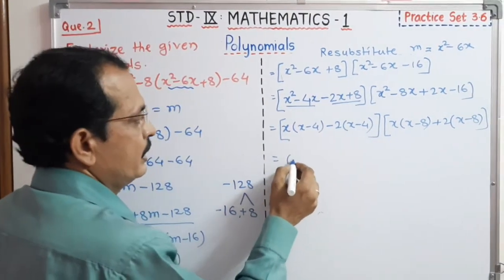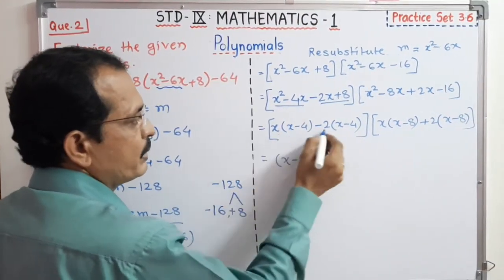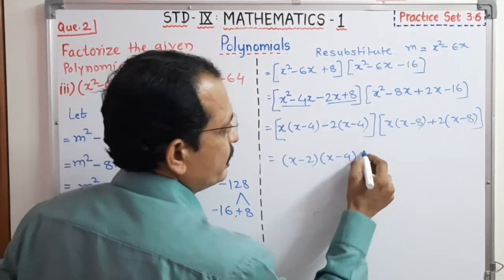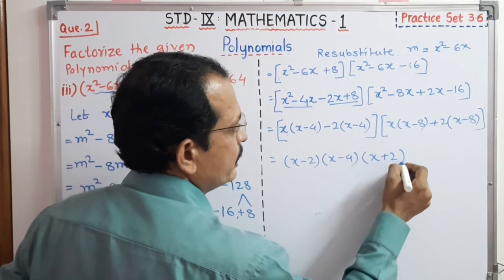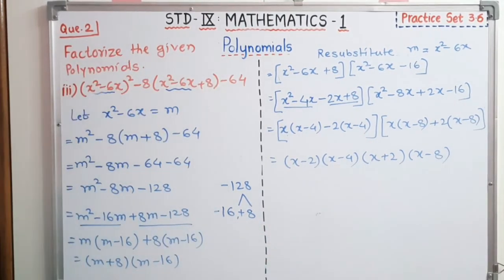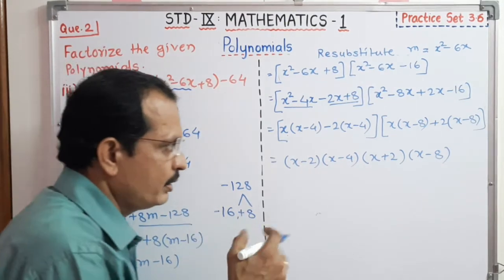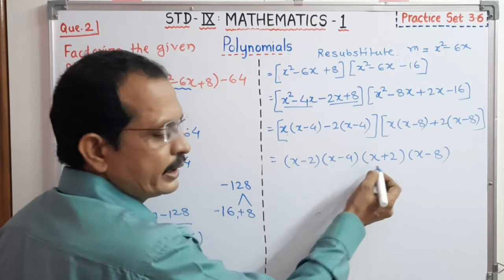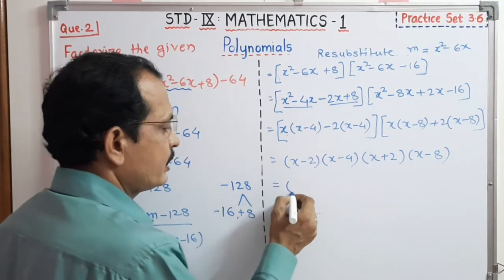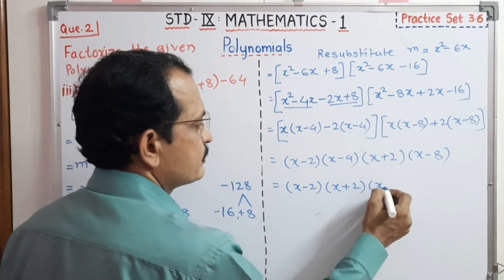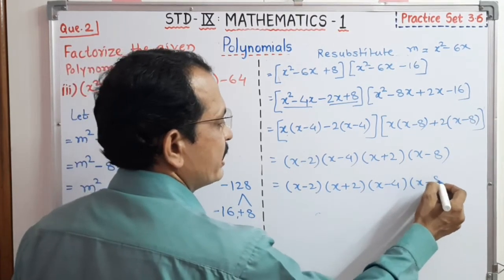Now see here, x minus 2 in one bracket and x minus 4 in one bracket. From here x plus 2 and here it is x minus 8. Yes student, we can write it in another way also. We see here x minus 2 and x plus 2. We can write here x minus 2, x plus 2, x minus 4 and x minus 8.